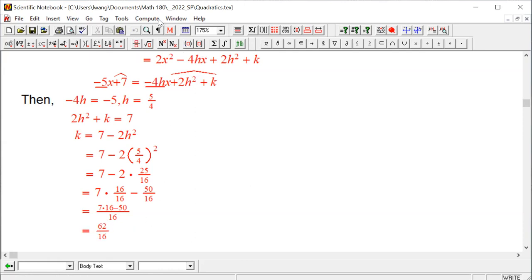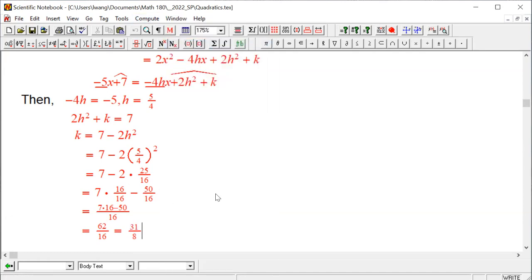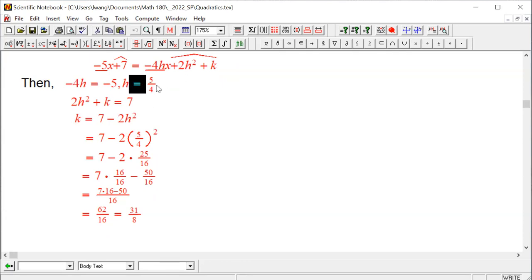Okay, simplify. 31/8. So we found h, we found the k. So h is found, right? K is found. So k is 31/8.